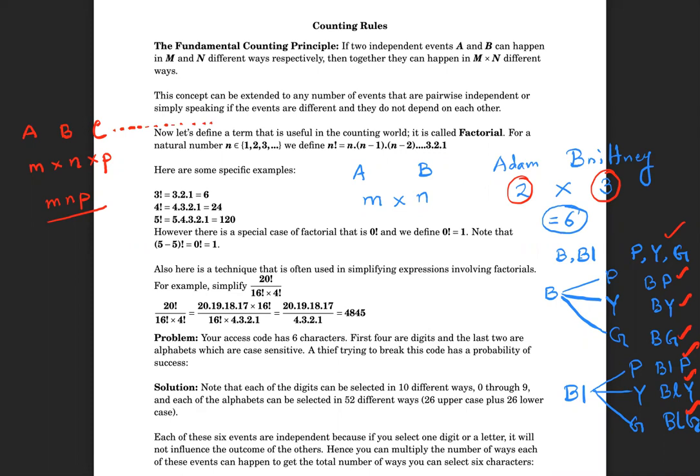So it could be 4, 5, 6, 7, 8, 9, 10 different events. But for the most part, we will stick to 2 different possibilities. But it could be extended to n different ways. Any questions, anybody, about fundamental counting principle? Any question? Okay. No.